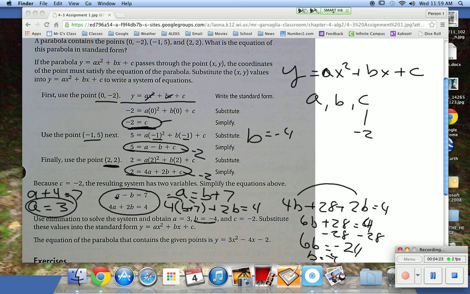I've got my a, I got my b, and I got my c. Now I can write out my standard form equation. This is -4 and this is 3, right? And if I write this out like this, I can say y equals 3x squared, I got -4, so -4x, minus 2, and that would be my answer.